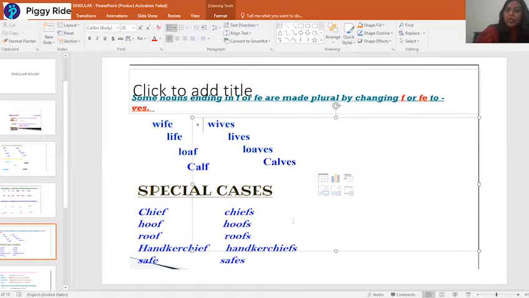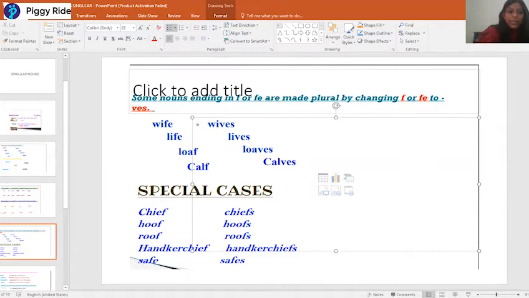And the last one is SAFE. So we convert it to SAFES. We never say saves, okay? It will not take the form of VES. It will remain as S in the form of plural. Okay, kiddos? So I hope I was able to explain this part.